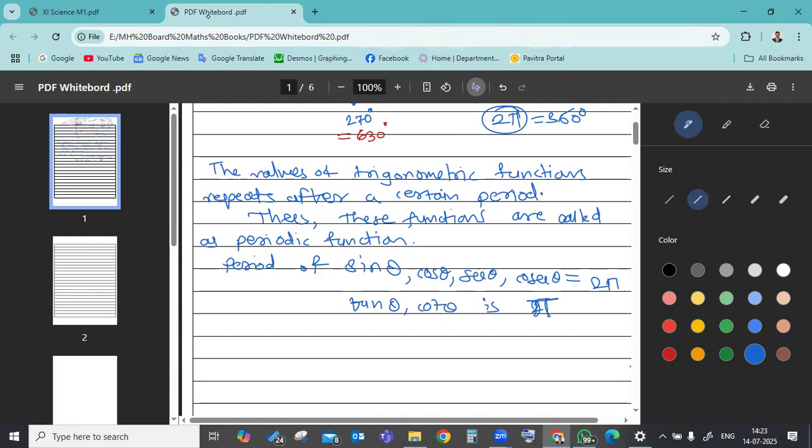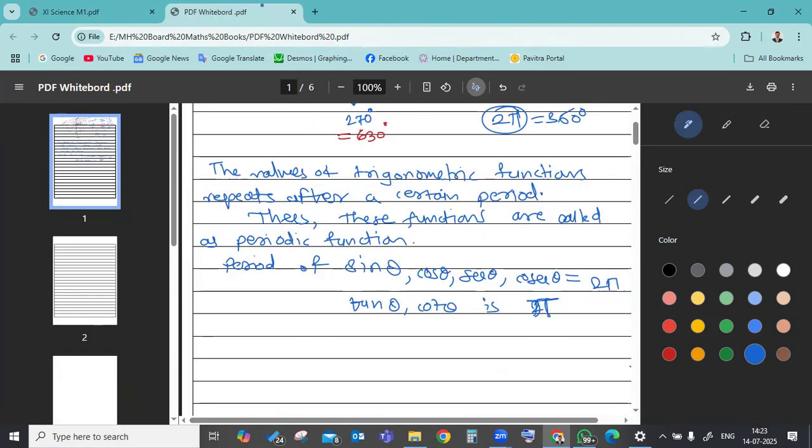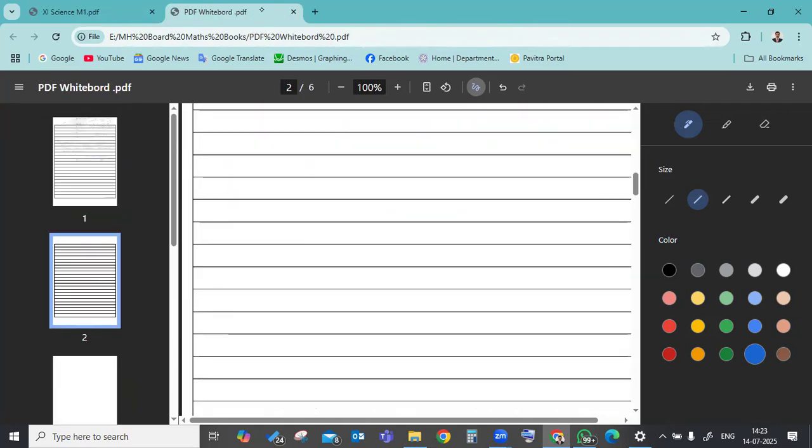That means the value of tan theta repeats after each addition of pi radian. Getting it? So this you need to learn, remember, and understand. So what is period? Have you understood? Yes, sir. Okay. Now the next part is domain of a function and range of a function. So let's understand that part.